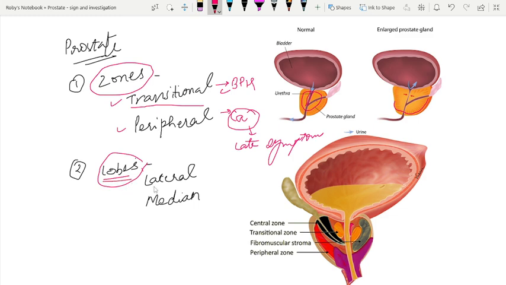Next come the lobes. In lobes, the important thing is the median lobe. This median lobe means present in the median area. This median area comes here. If prostate lobes enlarge like this, then it distorts the internal urethral meatus, and you can see that if something distorts the opening of the bladder, the internal urethral meatus, it will cause more symptoms as compared to the lateral lobes.